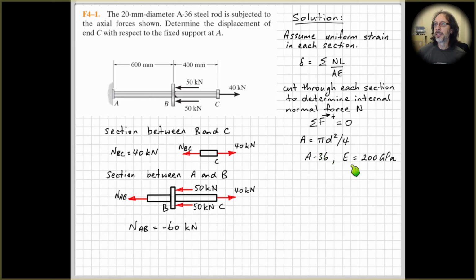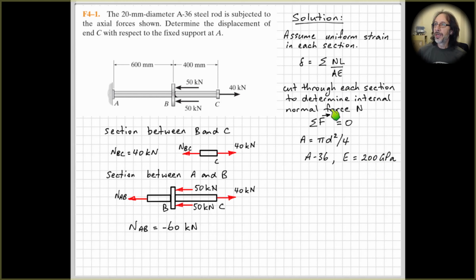If you do that, you can see that the Young's modulus for this steel is 200 gigapascals. And you should know that all steels have a Young's modulus of around 200. Some might be 190 odd, some might be 210, but they all have pretty much the same stiffness and therefore the same Young's modulus of around 200 gigapascals.